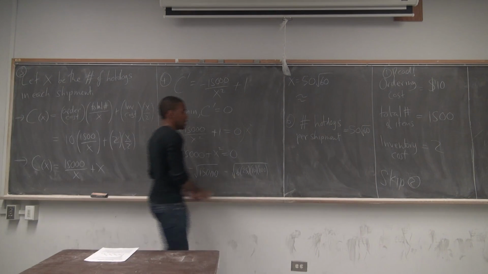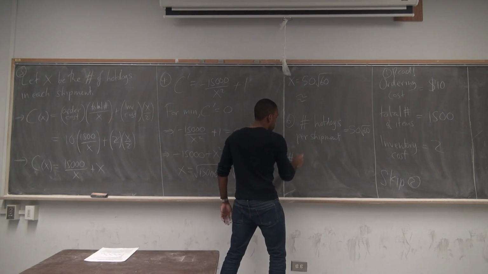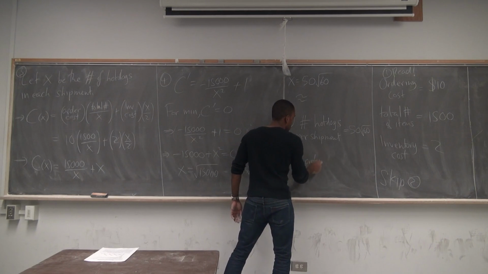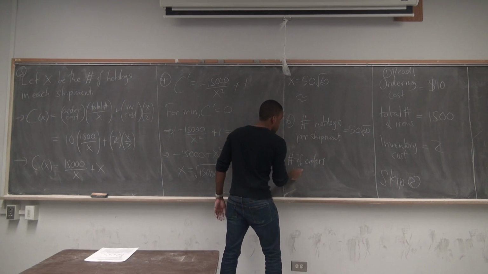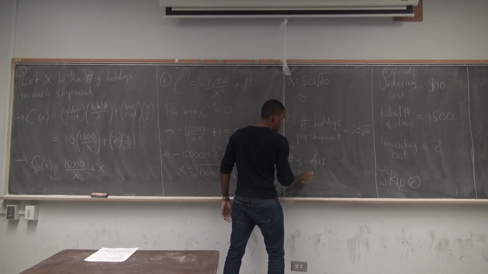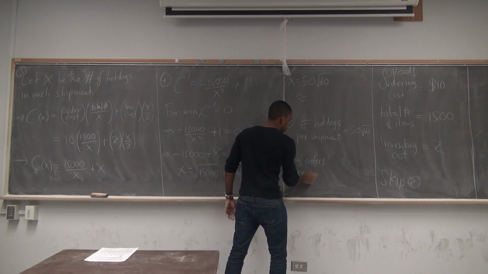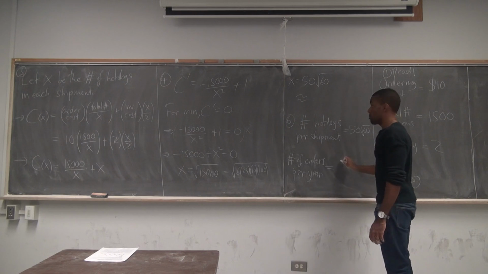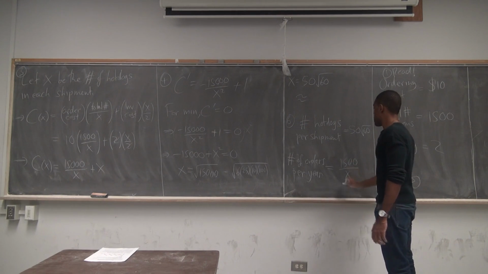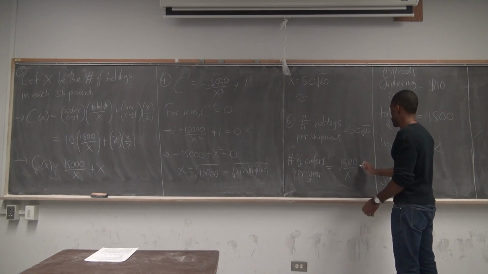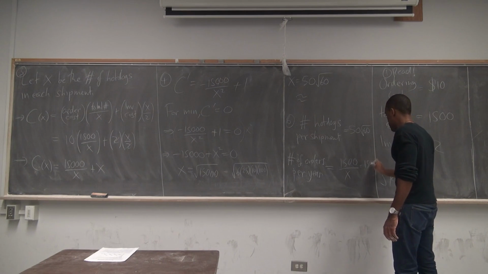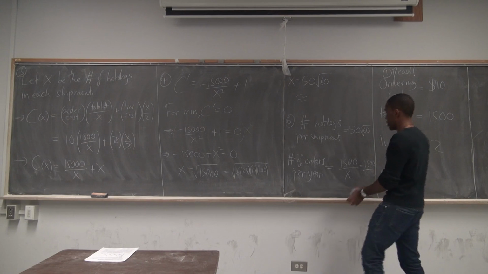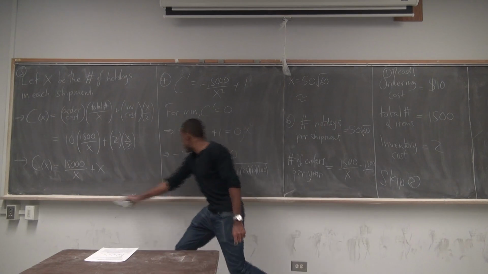And number of orders per year would be the total number, 1,500, divided by x, which is going to be 1,500 over 50 square root of 6.